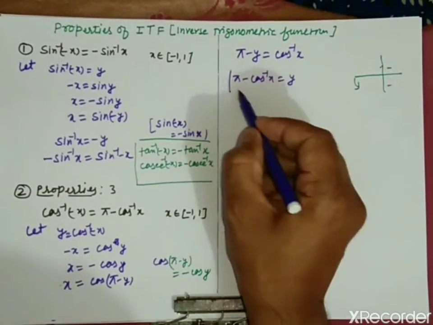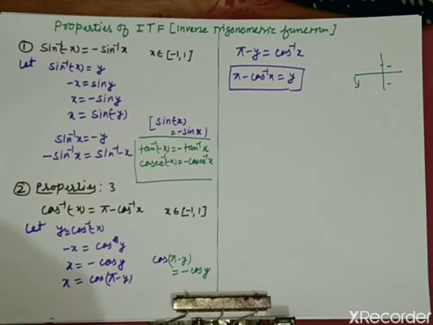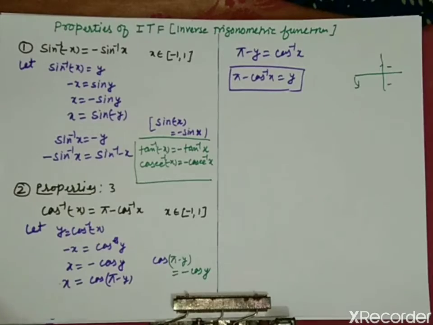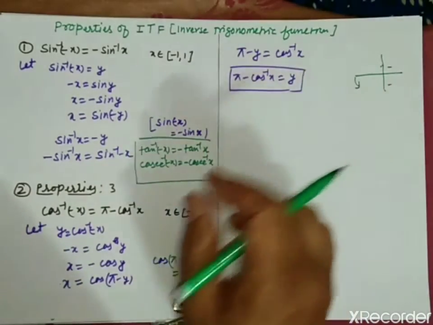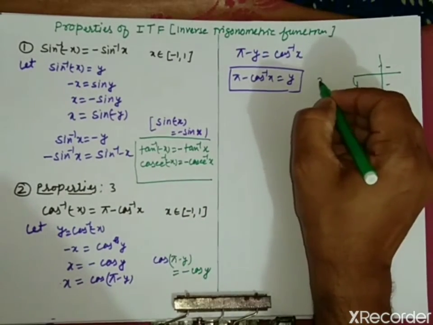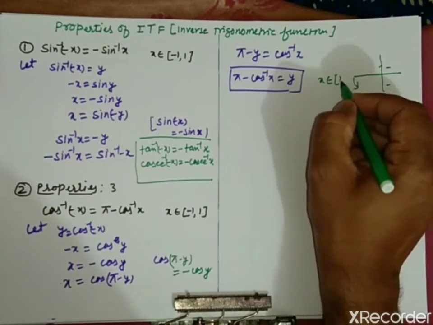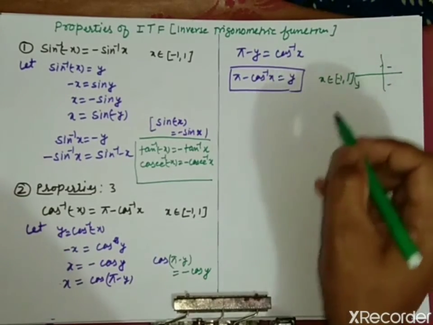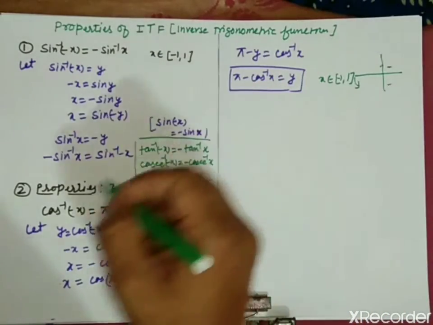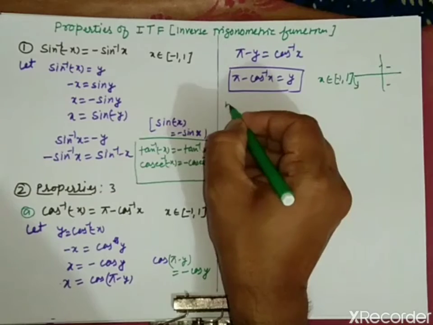Clear? Okay, now we have completed this. On the behalf of this, similarly, we can write it as for others. In this case, x must be between -1 and 1. Clear? Okay. We can let it first property.